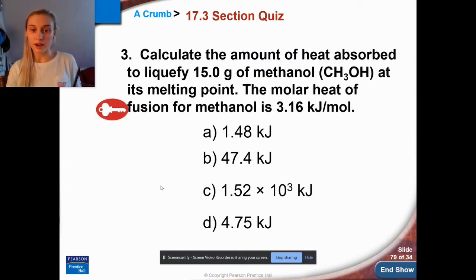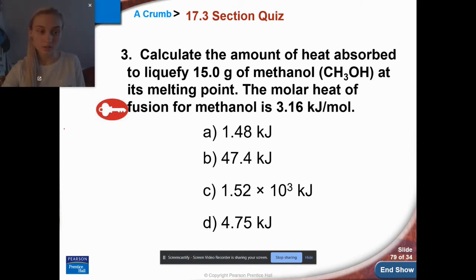Okay, so we have a little practice calculation problem. Calculate the amount of heat absorbed to liquefy 15.0 grams of methanol at its melting point. The molar heat of fusion for methanol is 3.16. And so first we're going to take what we're given, as always. So we're given 15.0 grams.